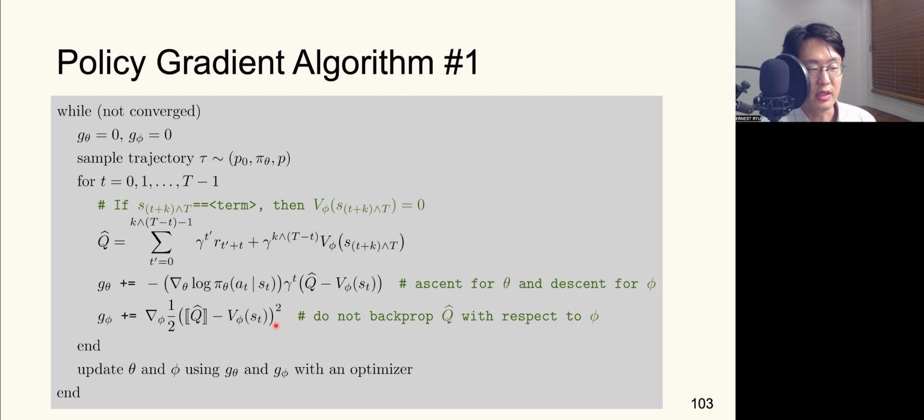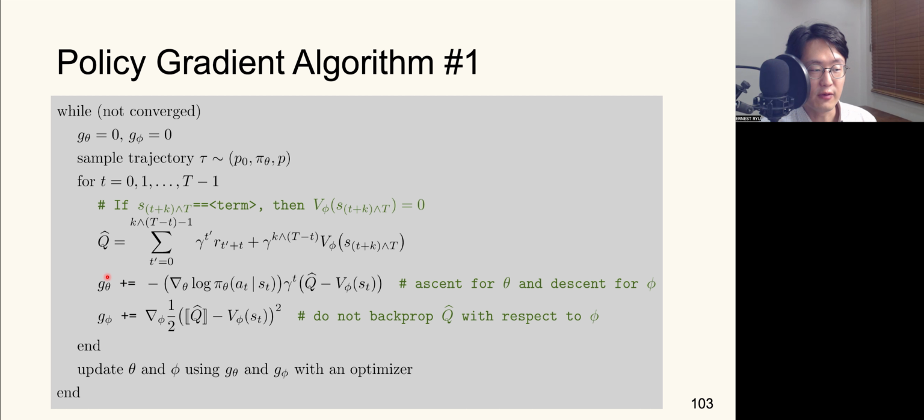So this G phi is meant to train the value network V phi to fit the true value function V pi. I just want to point out that for this objective function we're trying to perform minimization. So we evaluate the gradient, and we pass the gradient into an optimizer such as Adam or SGD.